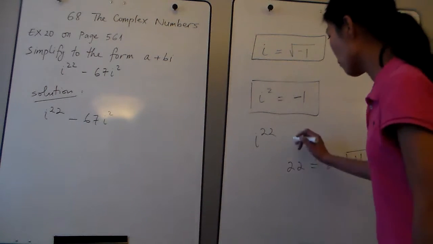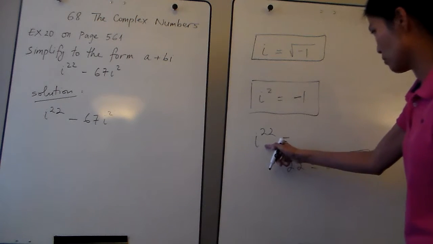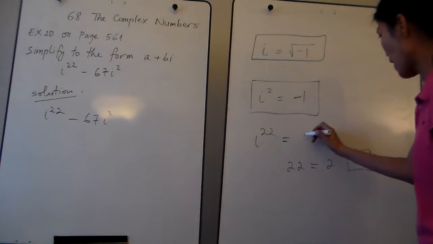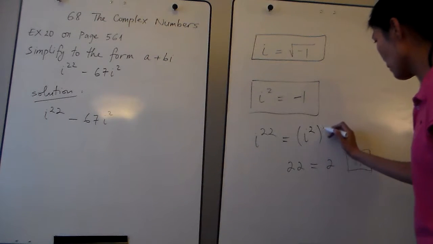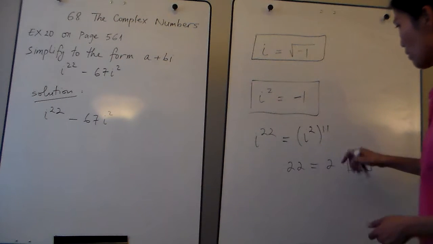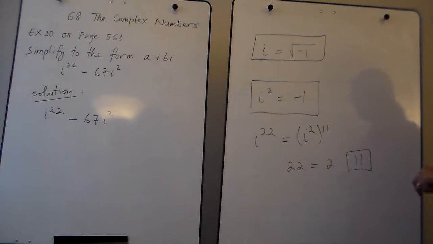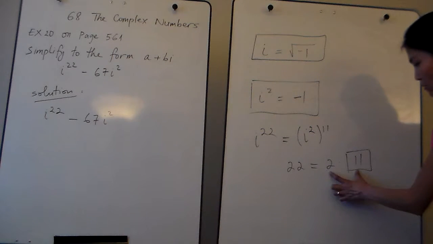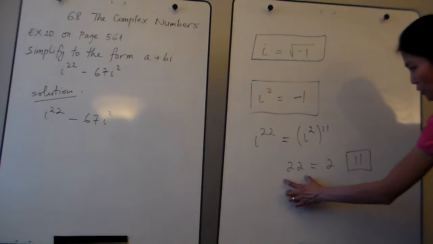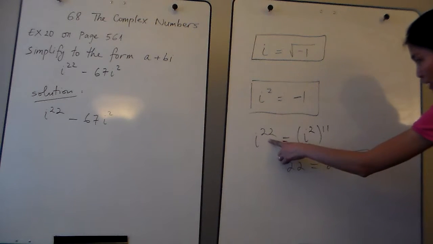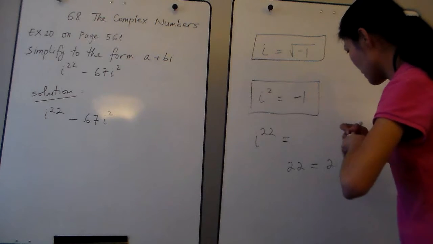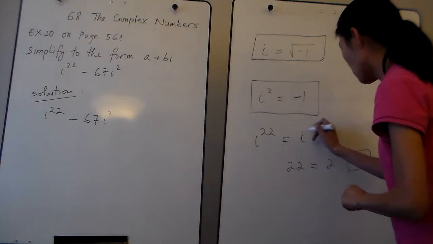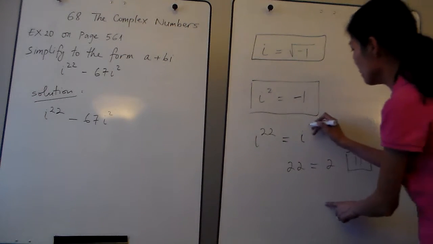So you can rewrite i to the 22 exponent as i squared raised to 11. I'm replacing the 22 here with 2 times 11.